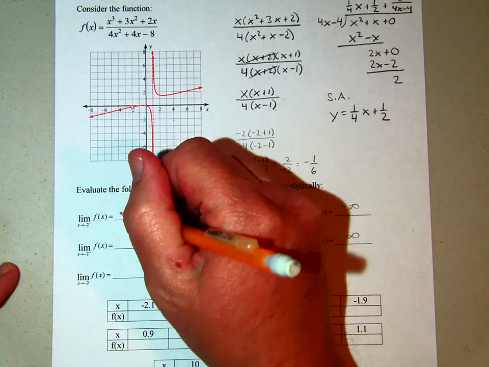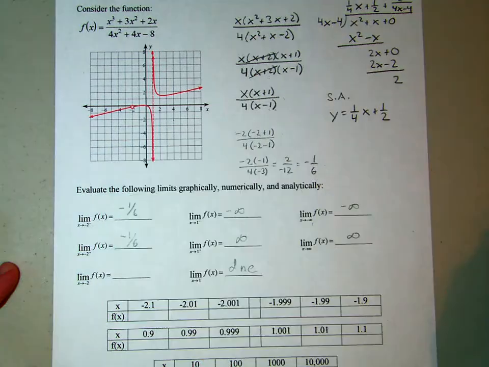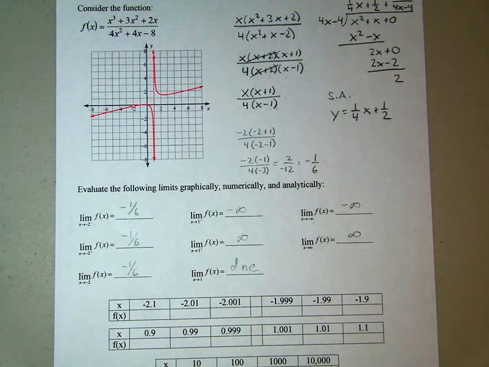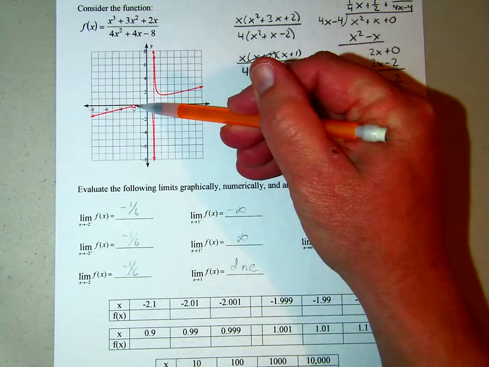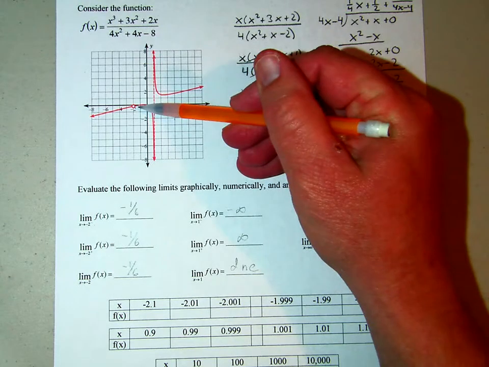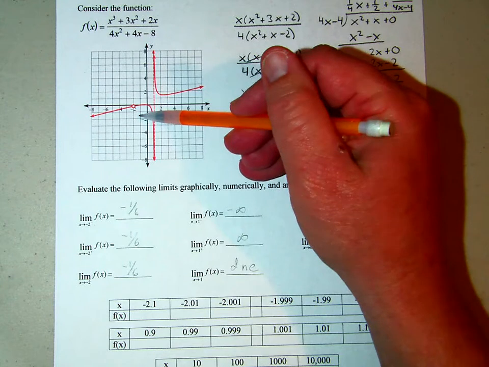So whether we approach from the left or the right, the graph heads to that same hole, which has a y coordinate of -1/6. So unless you have some crazy graph visualization knowledge, you're not going to get -1/6 from looking at that picture. With the graphical approach, we can get a rough estimate, but we're not going to most likely get that -1/6 number simply by looking at that graph.